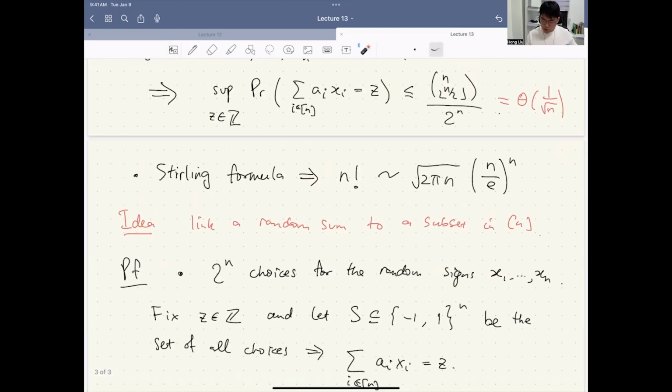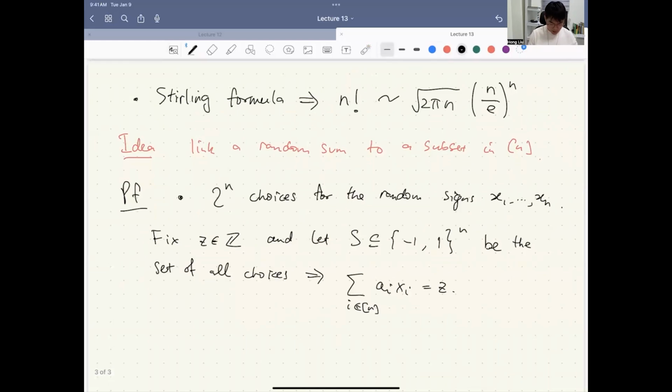Okay, then what is this probability? Since each x_i is random, each choice of sign, each combination of n outcomes, is uniformly distributed over here. So each sign combination takes probability 1 over 2 to the n. So this probability is exactly the total size of S, the total choices of these signs, divided by the total choices of all signs, 2 to the n.